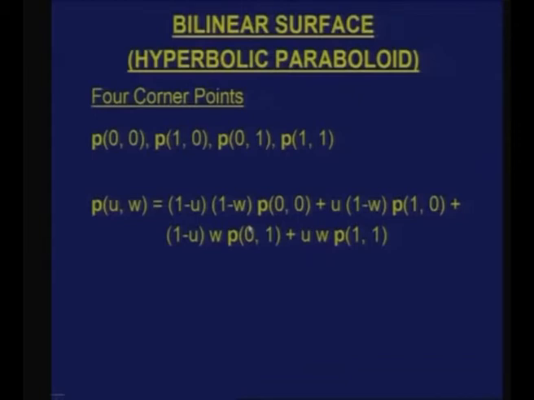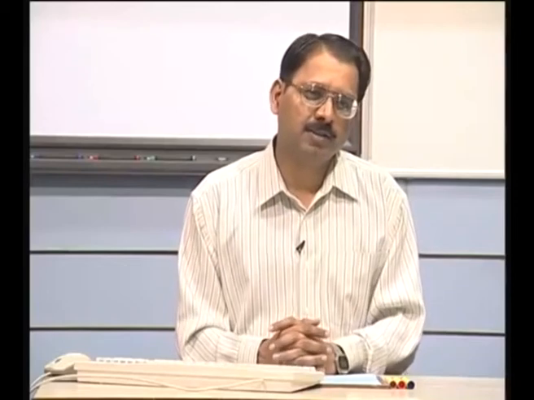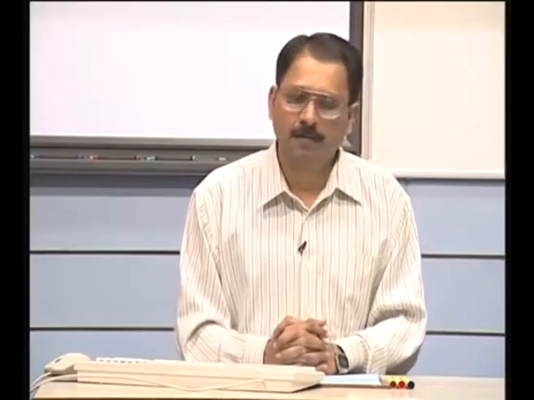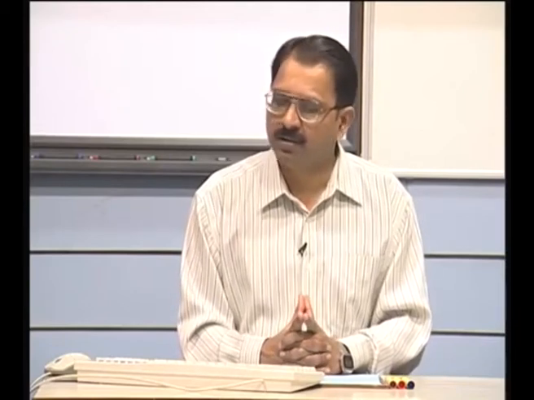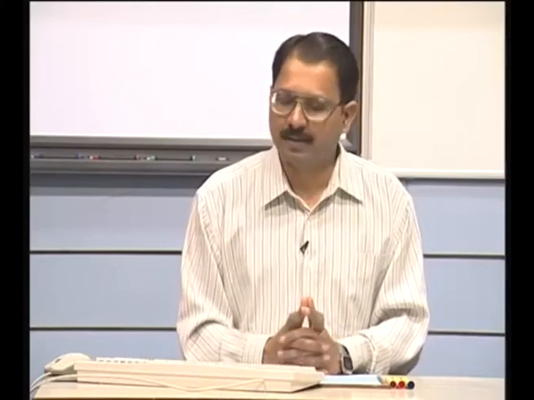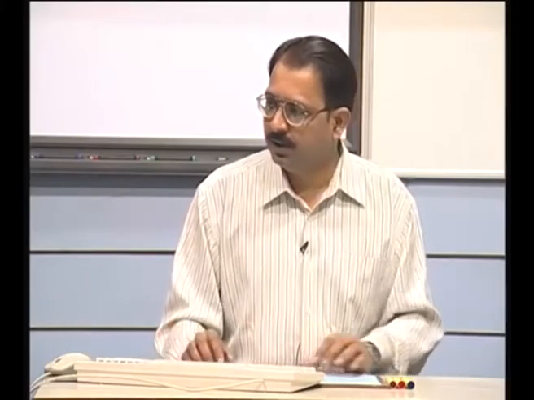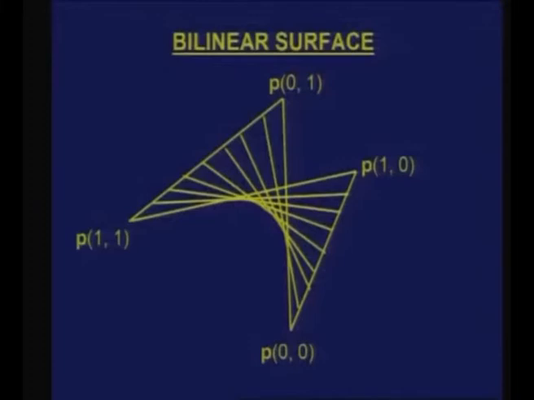Mathematically, after, let us say, the definition of a plane, which is probably the simplest, this is one of the simplest forms of defining a freeform surface: just linearly interpolate 4 corner points, which is called a bilinear surface. Like this shows a typical bilinear surface.